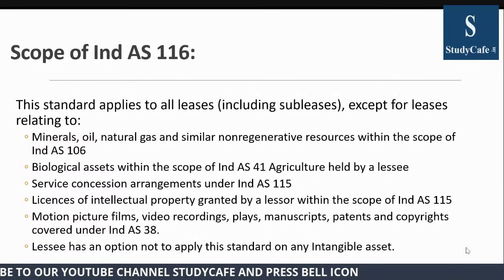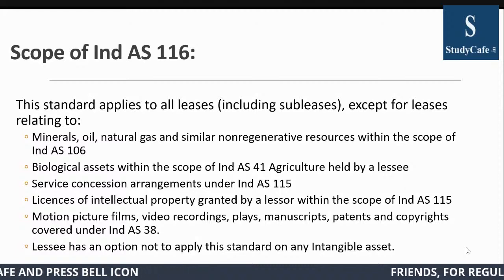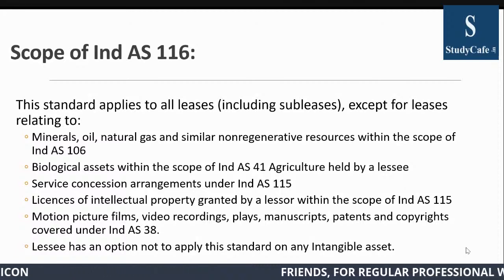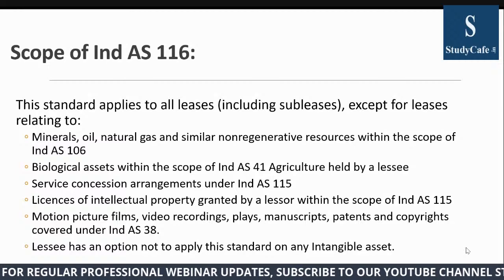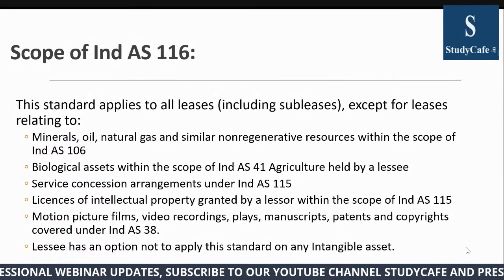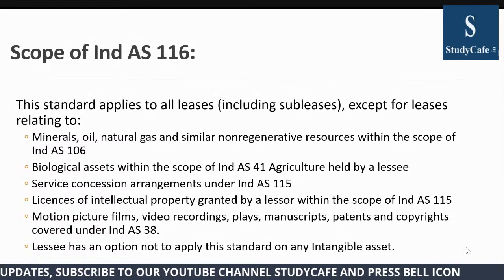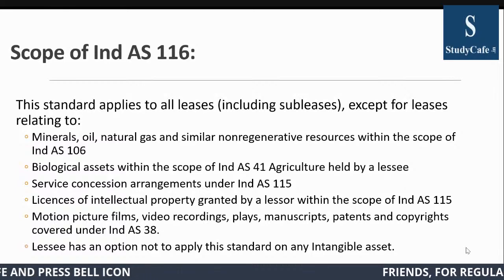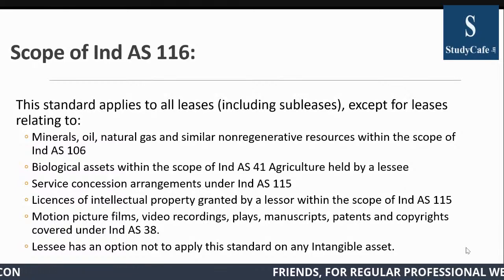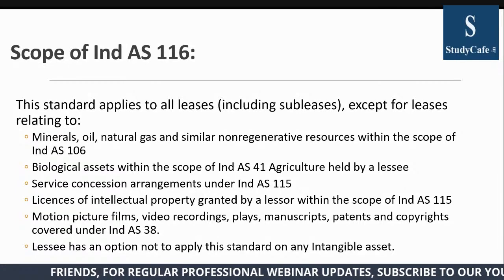Then biological assets as per Ind AS 41, service concession arrangements as per Ind AS 115, licenses of intellectual property, and other intangible assets like motion picture films, video recordings, plays, etc. These are all out of the scope of Ind AS 116. Also, one option has been given to the lessee that it may not apply this standard to intangible assets. Right? So this option has been given to the lessees.